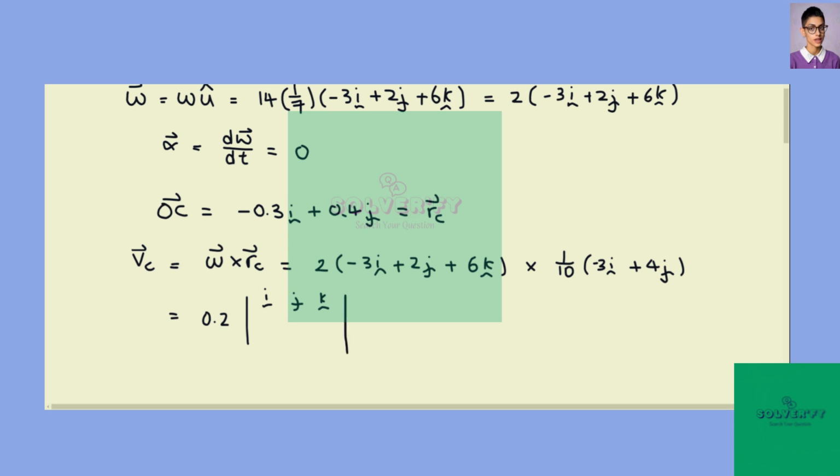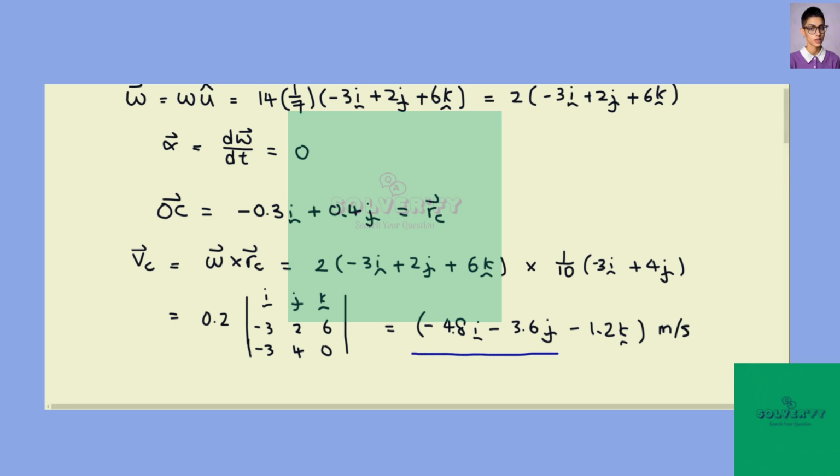The first vector is in the second row, and the second vector is in the third row. Doing this calculation, we get minus 4.8 i minus 3.6 j minus 1.2 k meters per second. This is the velocity vector at point C.